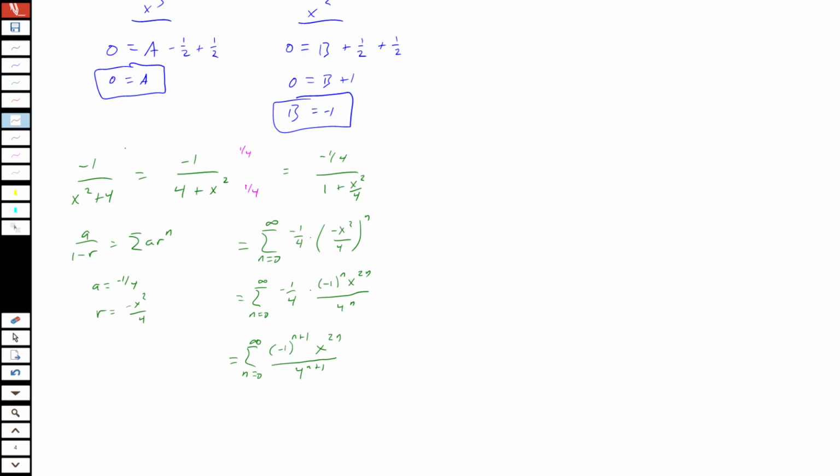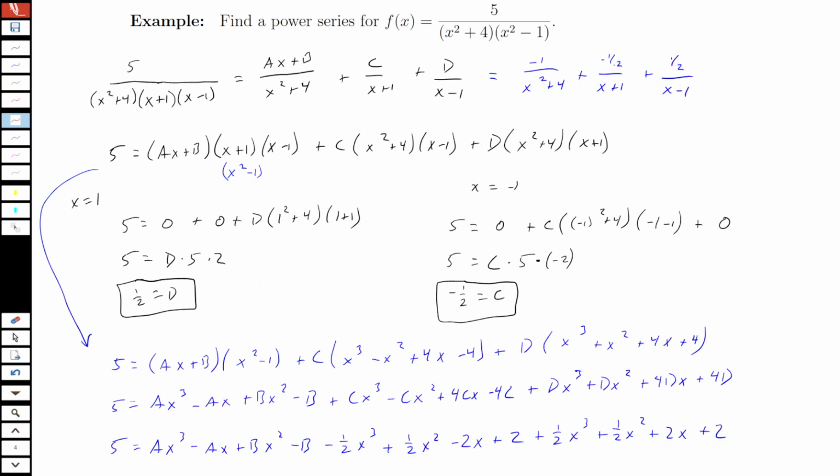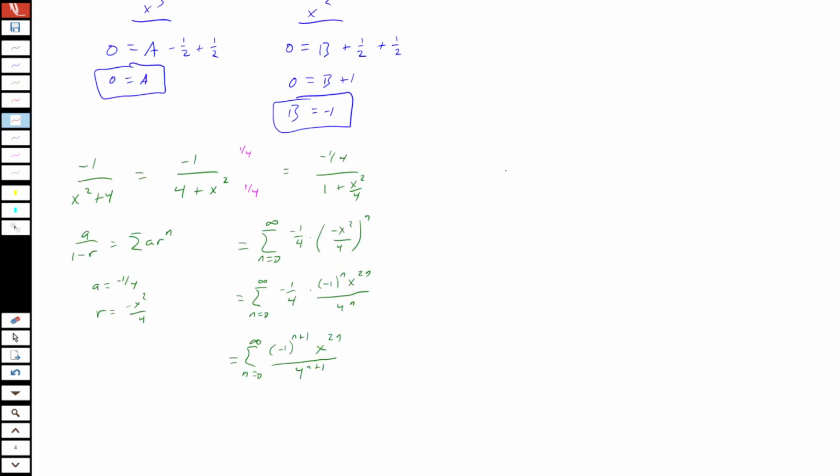Okay, now let's look at the second piece. Negative half over x plus 1. Okay, so once again, let me write this as a 1 plus x. I want my a to be a negative half, and my r to be the opposite of x.